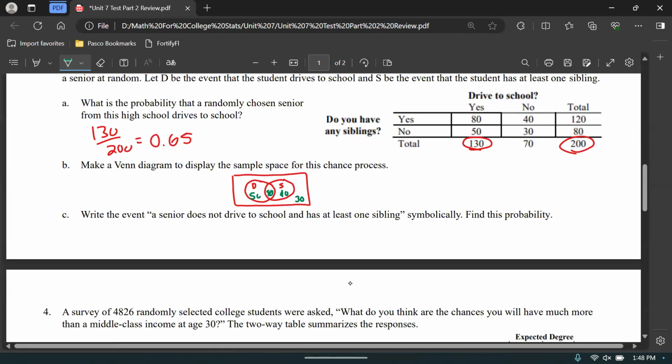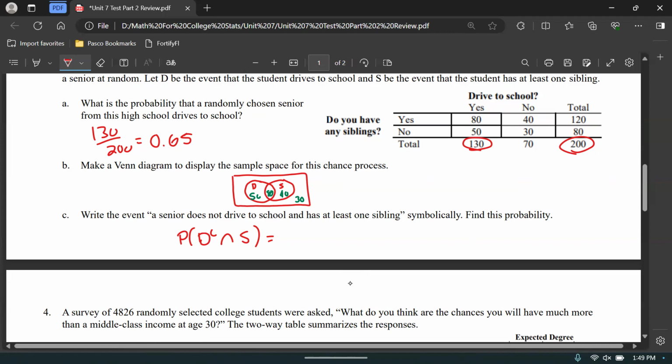Write the event a senior does not drive to school and has at least one sibling symbolically and find its probability. So a senior does not drive to school, so D complement, and has at least one sibling, S. That's simple.